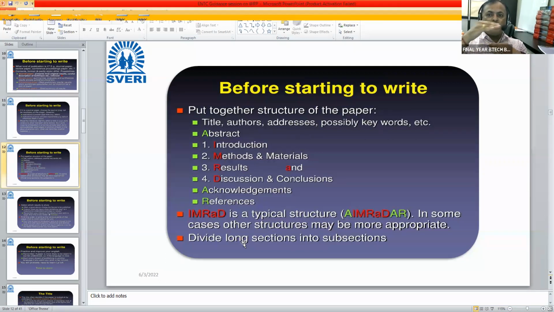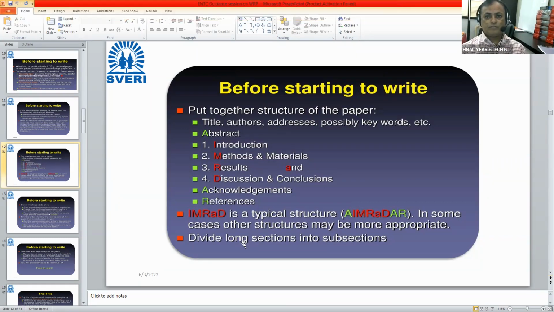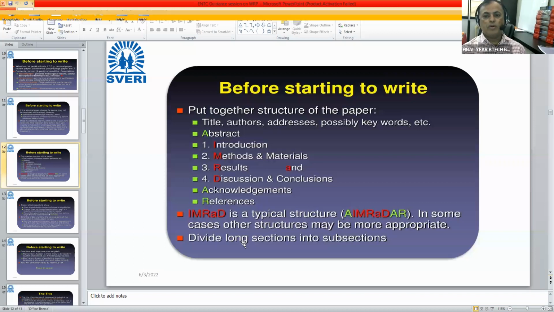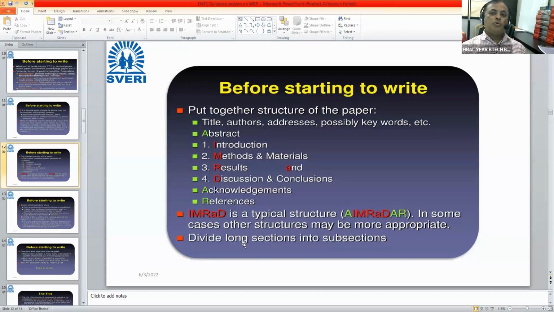So the abstract is whatever you have written in a paper, to be written in 250 words. That is what the abstract is about. It should be up to 250 words, but it is to be written very powerfully, because a lot of times the reviewers select your paper based on your results and abstract.